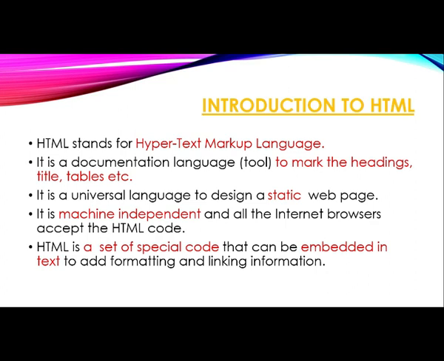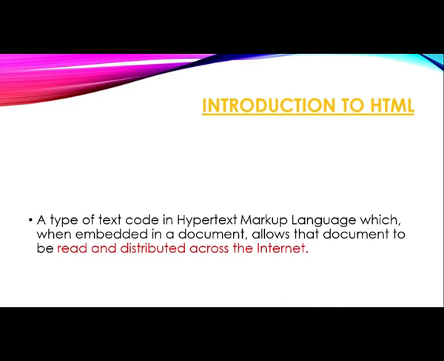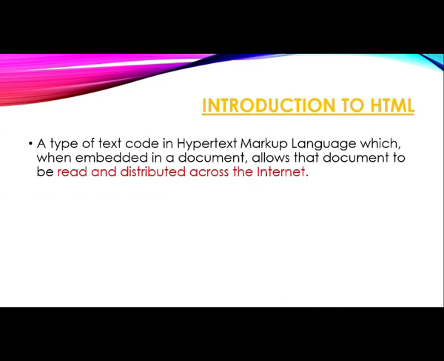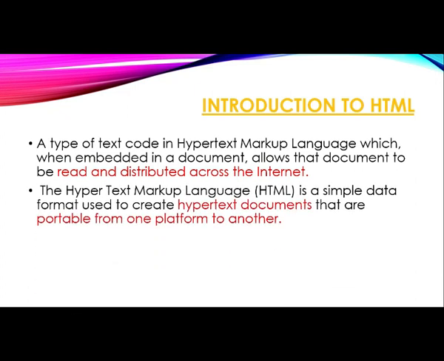Whatever we write inside HTML will be in a text format, and that will be shown in the web browser. It is a type of text code in a hypertext markup language, which when embedded in a document, allows that document to be read and distributed across the internet.